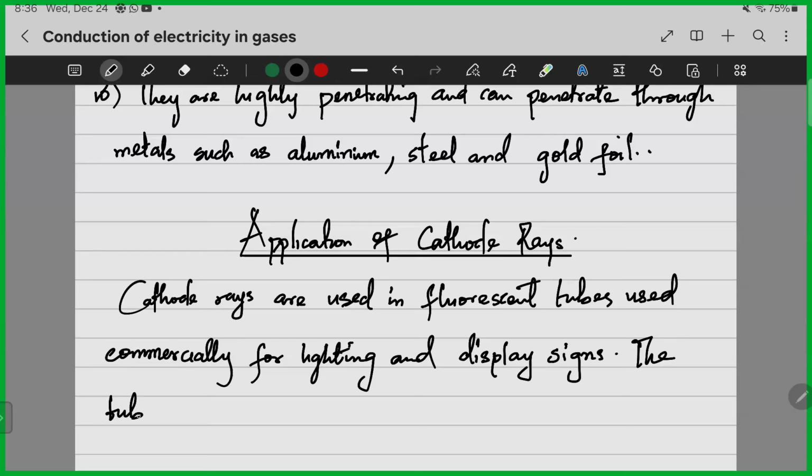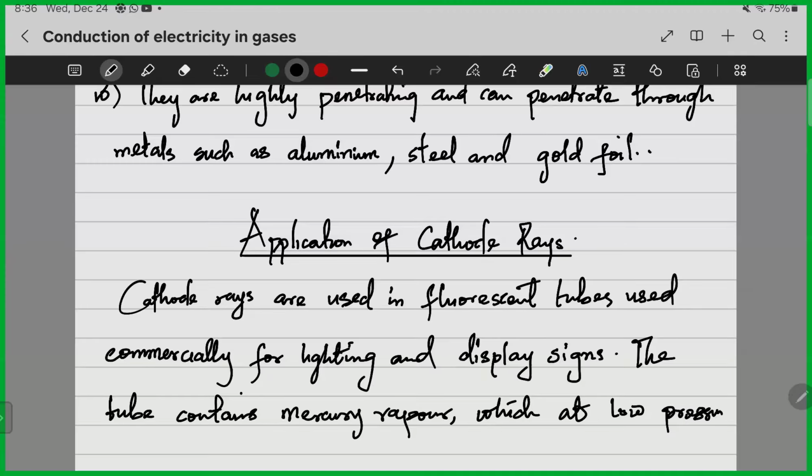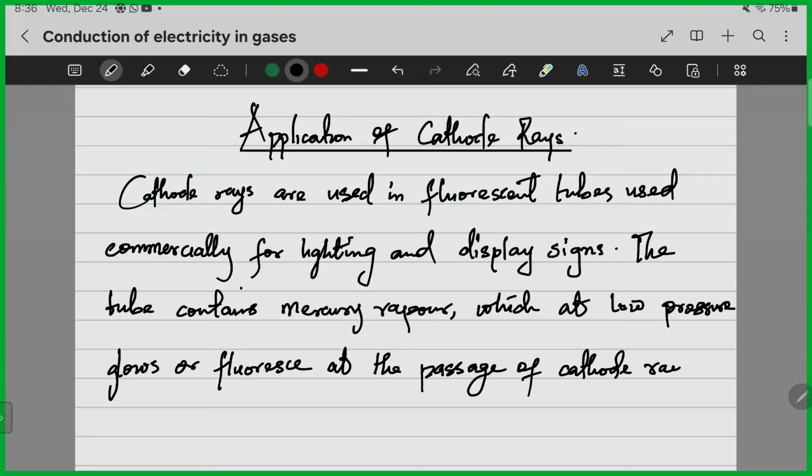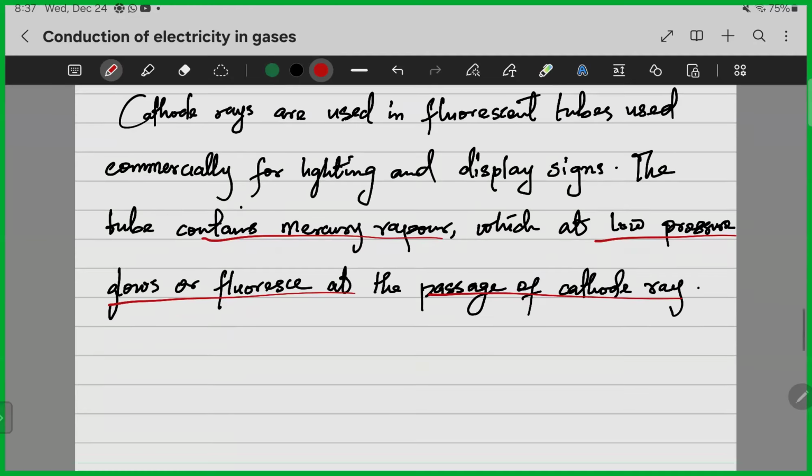The tube contains mercury vapor, which at low pressure glows, or fluoresces, at the passage of cathode rays. So fluorescent tubes contain mercury vapor which at low pressure glows when cathode rays pass through them. That's how it is used for lighting.